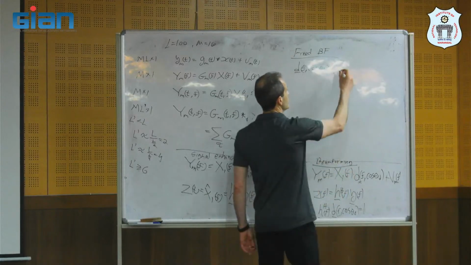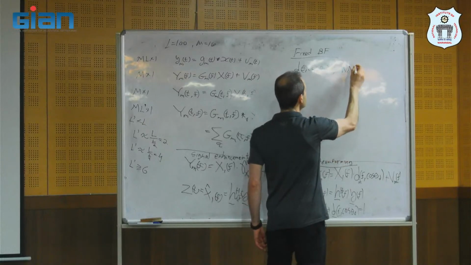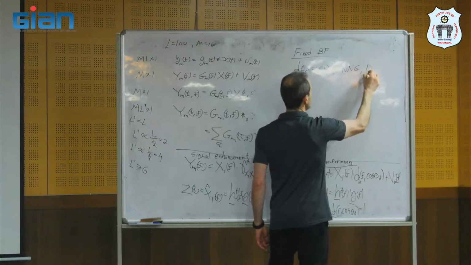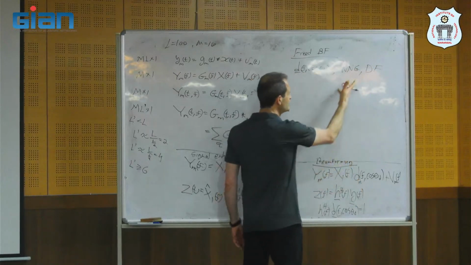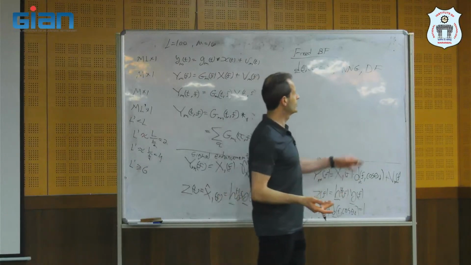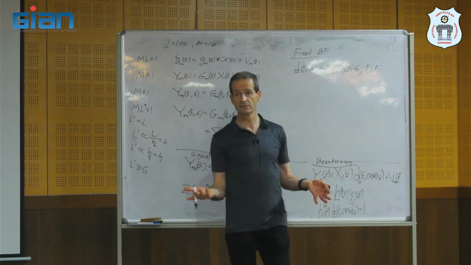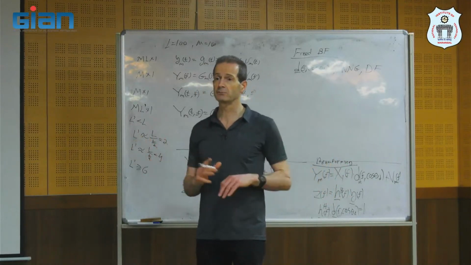with performance measures of white noise gain or directivity factor or a combination, which means that I assume that the noise is spatially white, or the noise is diffused, or a combination. Because I don't make assumptions about the noise.